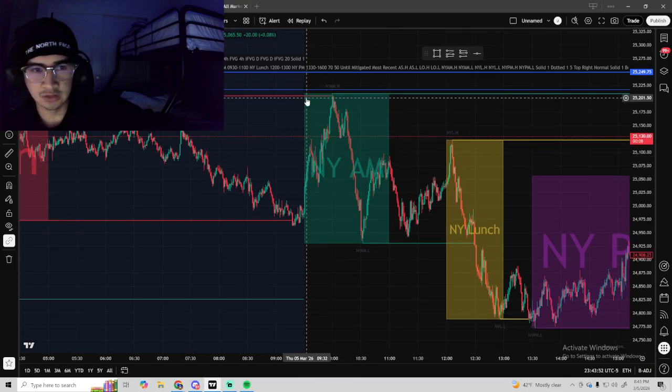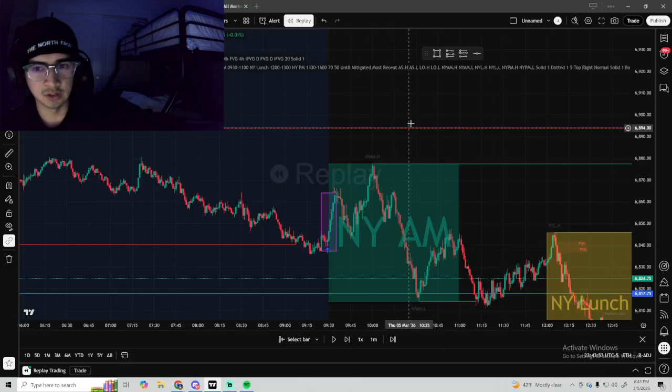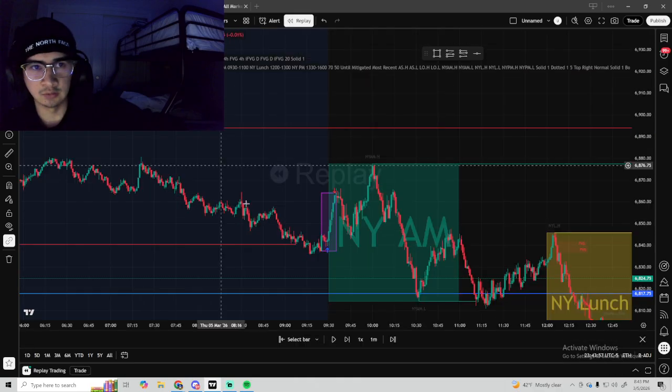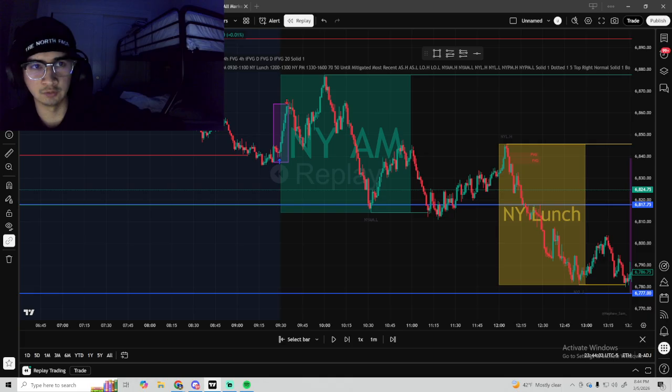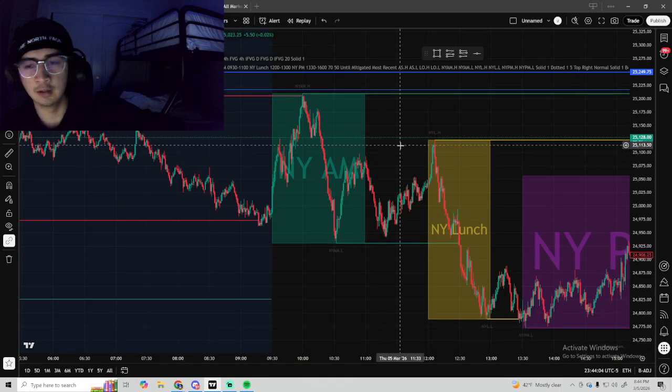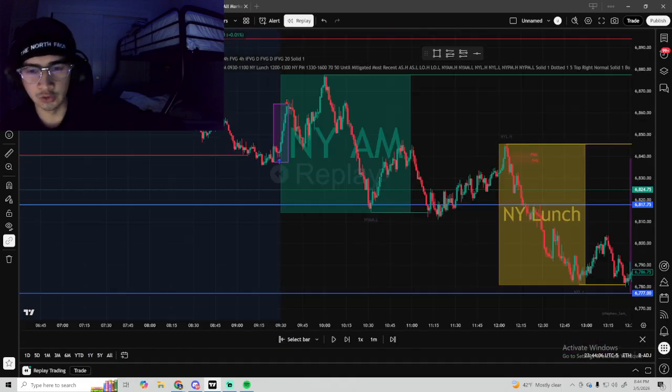If NQ takes out London High and ES doesn't, that's an SMT divergence. Why? Because NQ decided to take it out, ES didn't. It's either we're going to rally up on ES or we're just going to start reversing, and what did we do? We ended up reversing. So it's just like when one chart lags behind the other.